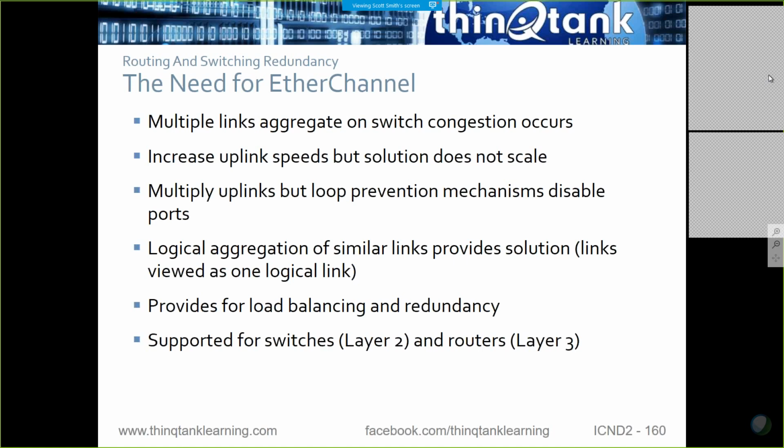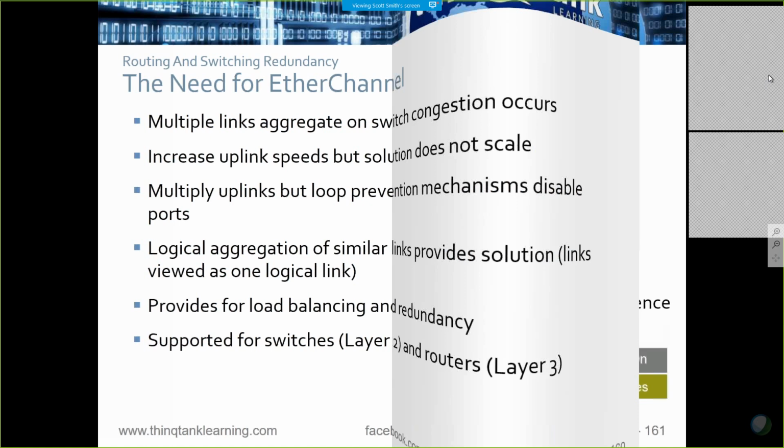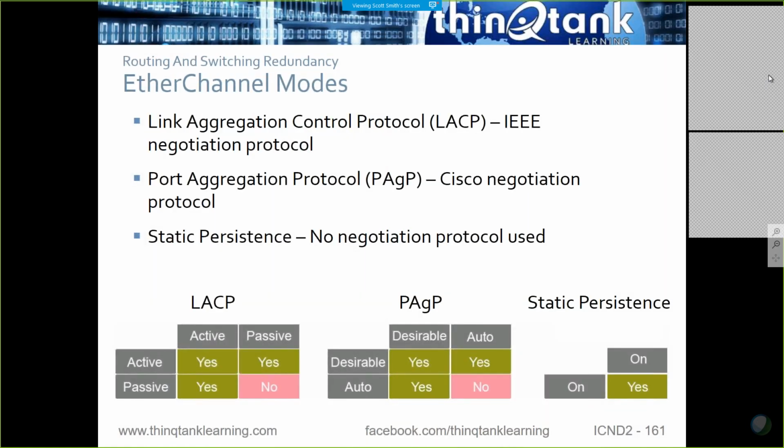They can be routed interfaces, or they can be switched interfaces. Now, there are actually 3 ways to create an ether channel. You can use a protocol called LACP, which is an IEEE standard. You can use a protocol called PAgP, which is a Cisco proprietary standard, or you can use static persistence, meaning that you're not using any kind of protocol.